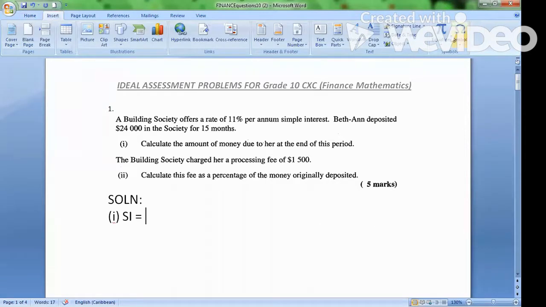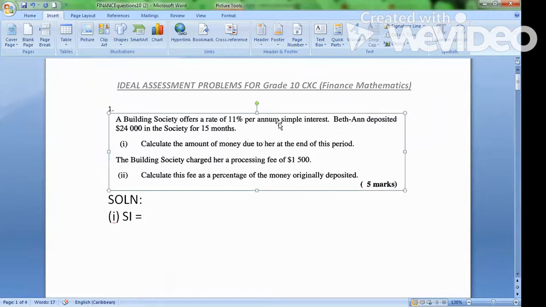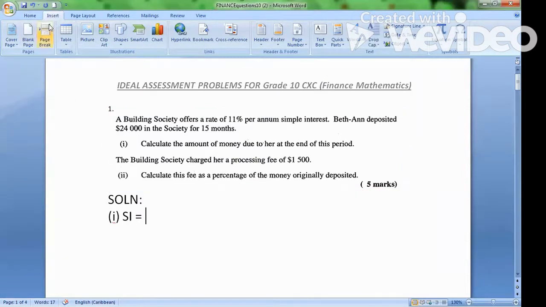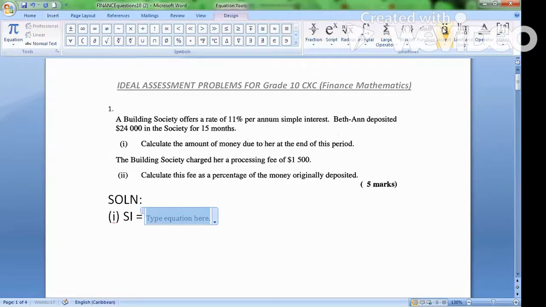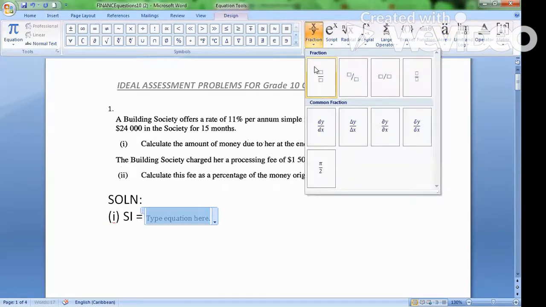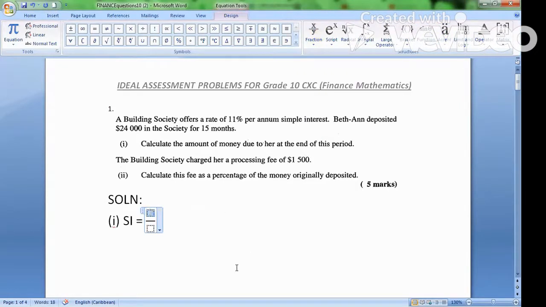That's a good question, but look at it. Do you see the words simple interest there? Yes, sir. Right, so that's the reason why. But you know why I asked that? Because remember you have something called compound interest. You have to be very careful that you don't mix them, so you look for those connecting words. Simple, all right? And as you rightly said, it's PRT over 100, right?